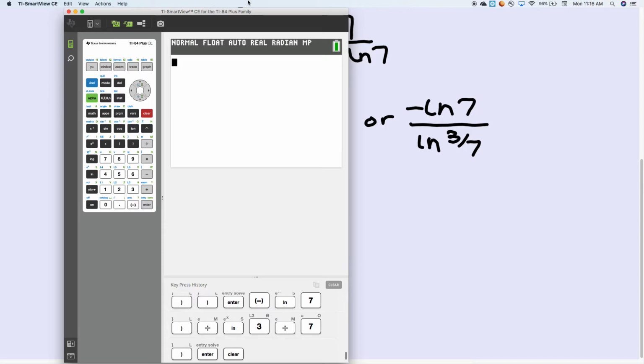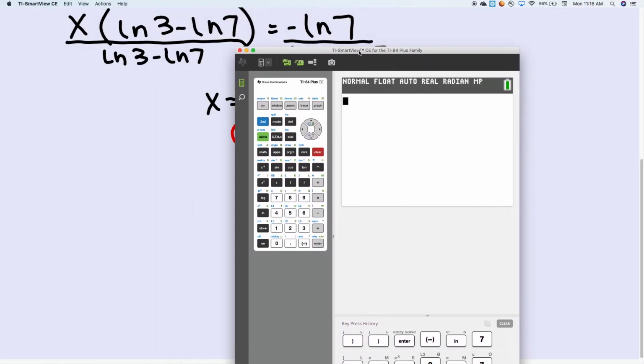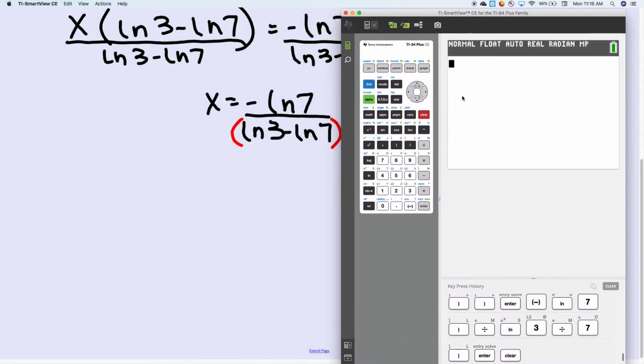So I'm going to do the one with the subtraction first, just to kind of model how I would do that in my calculator. So I'm going to do negative natural log 7. Now, when my calculator brings up that parenthesis for a log, I have to close it. And then I'm going to do divided by, but because I have stuff happening in the denominator, that stuff needs to happen first.